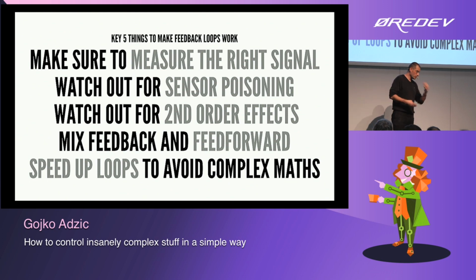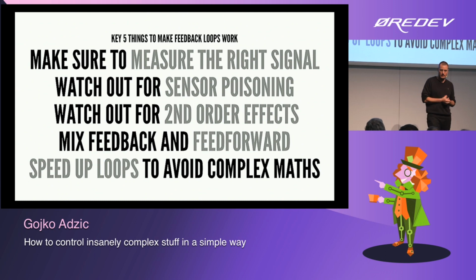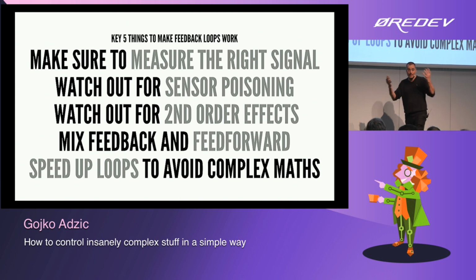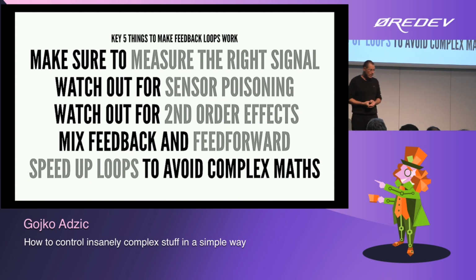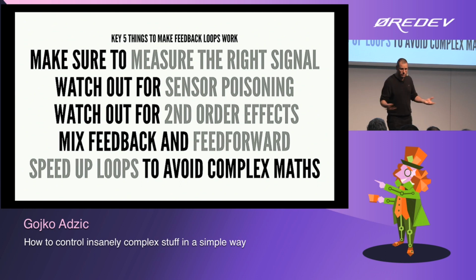Watch out for the data being transformed on the way from the sensor to the actuator. It's called sensor poisoning, but there's a ton of ways this could be unreliable measurement. So, if we're measuring, I don't know, Scrum, are we delivering more or not? Well, if you're measuring it with story points, who cares? So, that's total sensor poisoning.